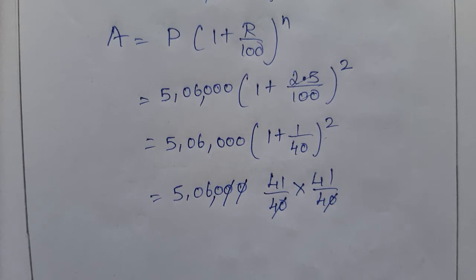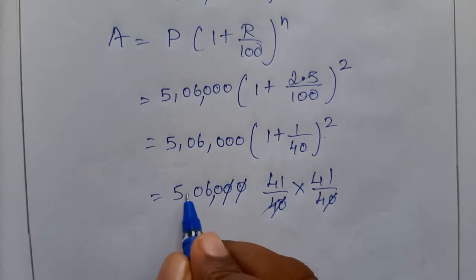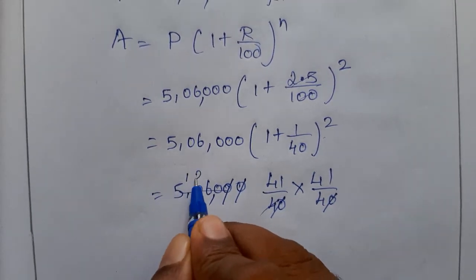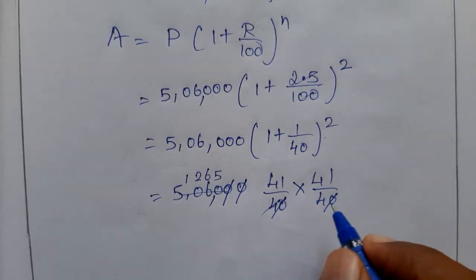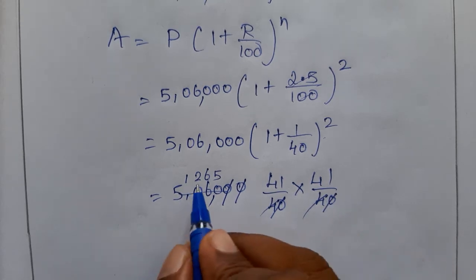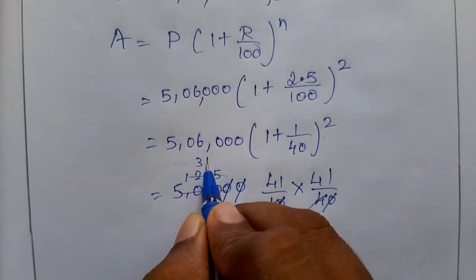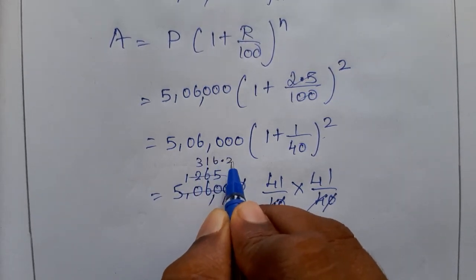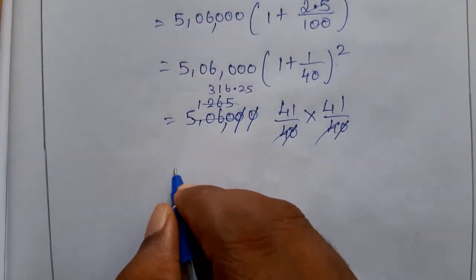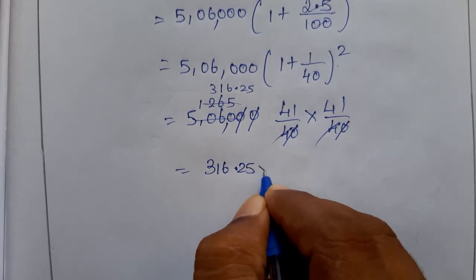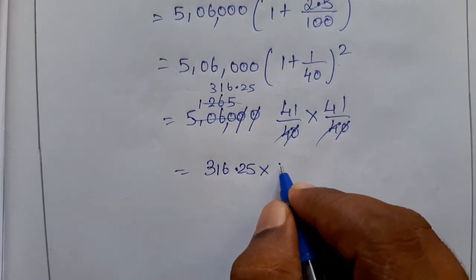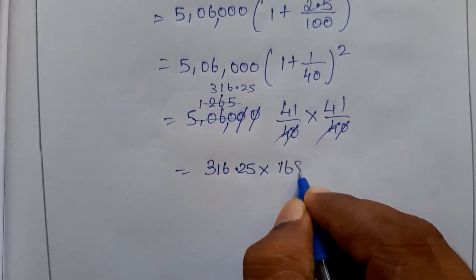Cancelling the zeros, 4 into 1265, and again the 4 table, it is 316.25, right? So we will get 316.25 into 41 into 41, and 41 square is 1681.